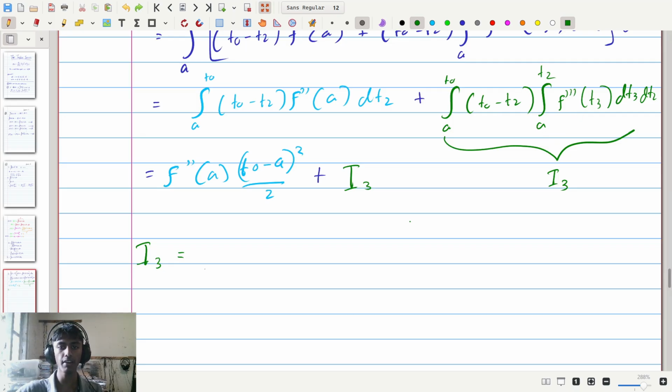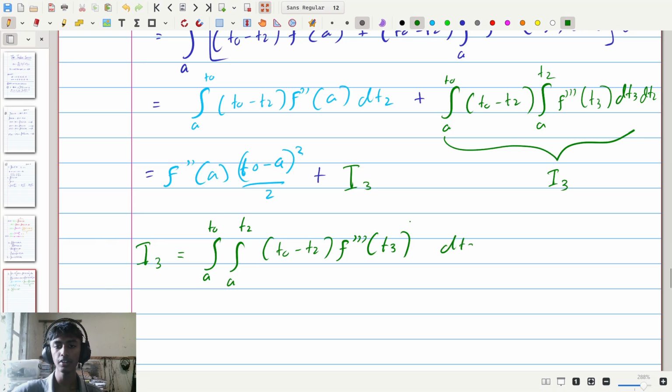Doing such, what we have is the integral from a to t0 of the integral from a to t2 of t0 minus t2 times f triple prime of t3 dt3 dt2. What we're going to be doing here is swap these two.